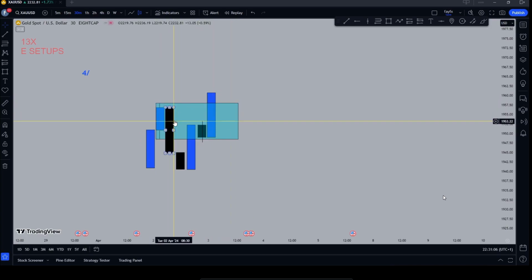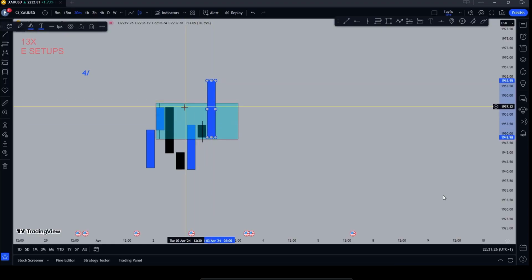We call this a fail engulfing candle. Engulfing fail. And this is a fresh and new engulfing candle. After price breaks the first engulfing candle, it becomes a failed engulfing candle.